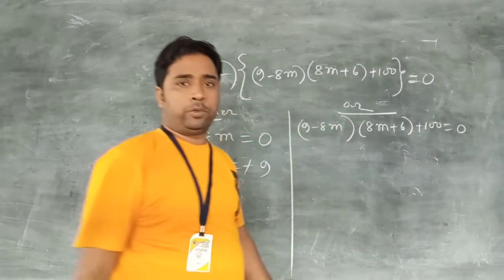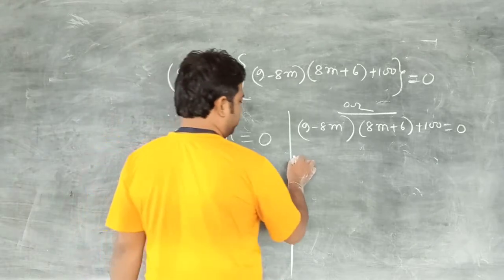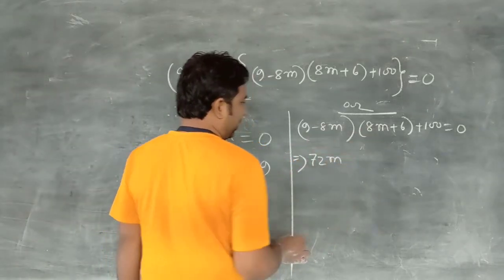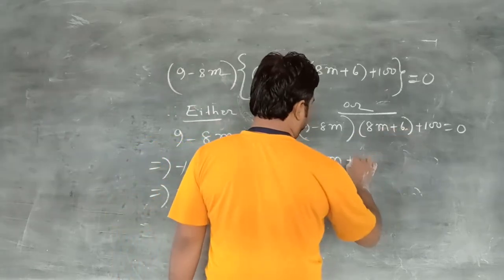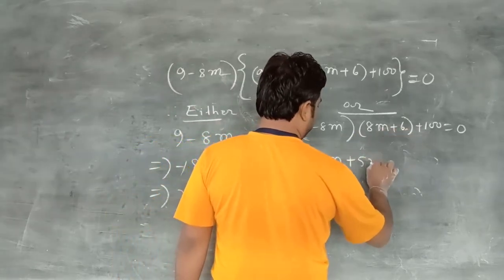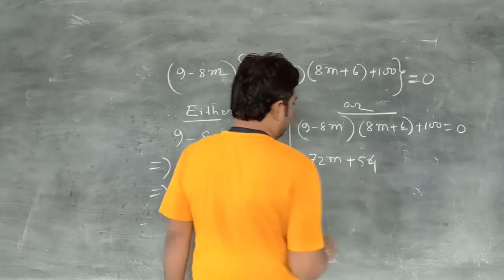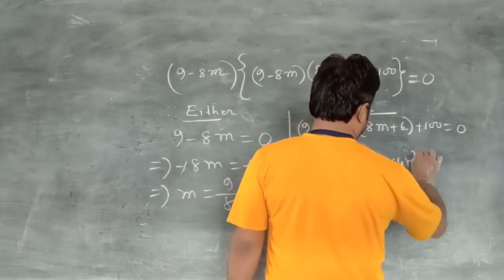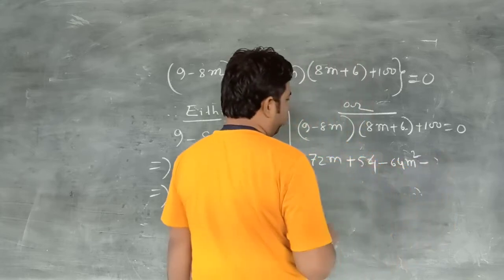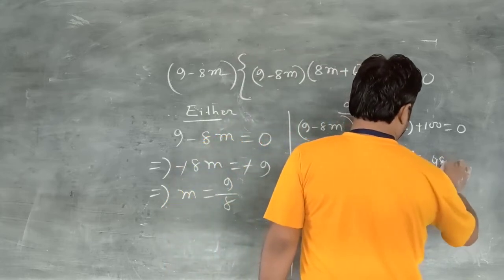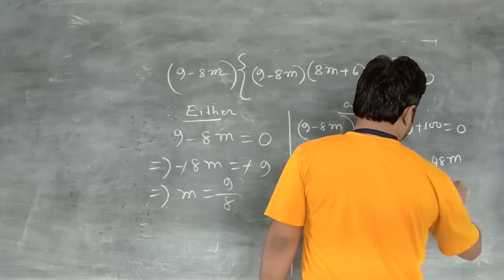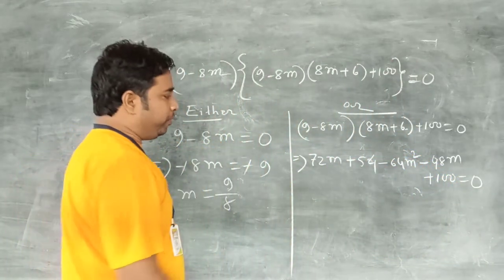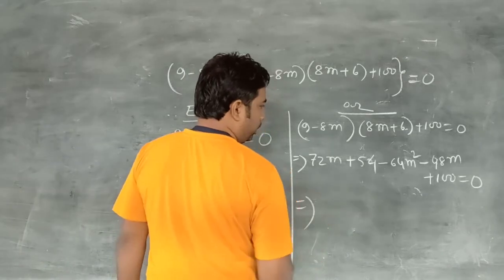So let us multiply it. 9 into 8m is 72m, 9 into 6 is 54. This is 64m square. This is 6 into 8, 48m, plus 100 equal to 0. Okay, so if we simplify it, we shall get the value of what?